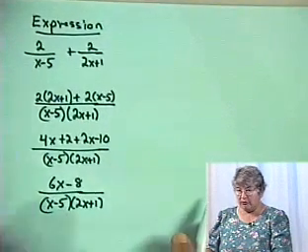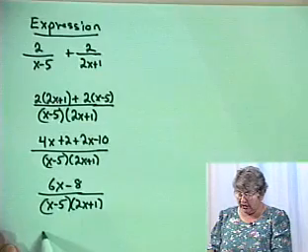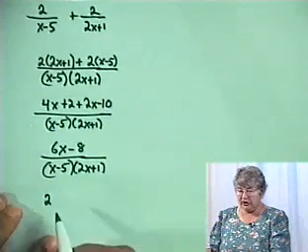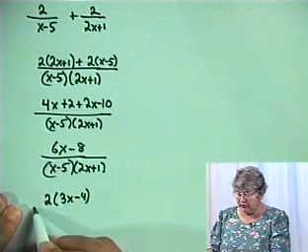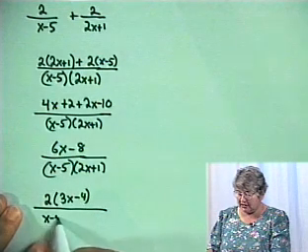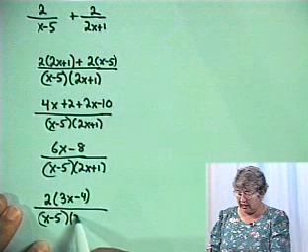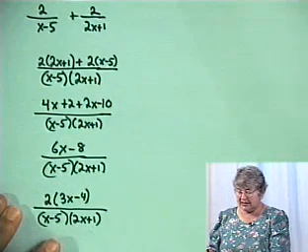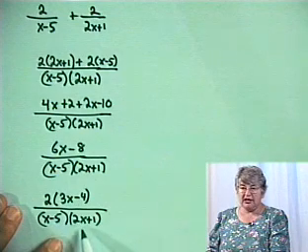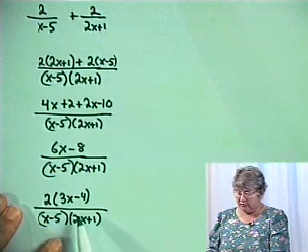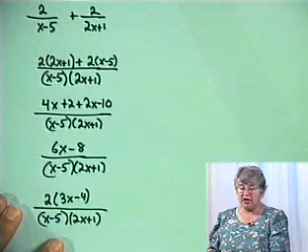this expression a little bit more, we could actually go ahead and factor a 2 from the numerator, and we would have 2 times 3x minus 4 over the lowest common denominator, which is x minus 5 times 2x plus 1. But notice, it didn't help because we can't cancel any of the factors of the denominator with the factor 3x minus 4.